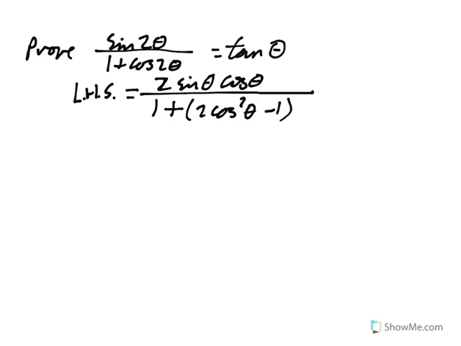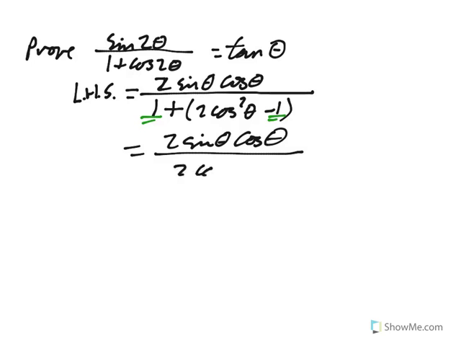Alright, so 2 sine theta cos theta over. Right, when we remove those brackets, we've got 1 here, and we're taking 1 there, so that's going to end up with 2 cos squared theta.